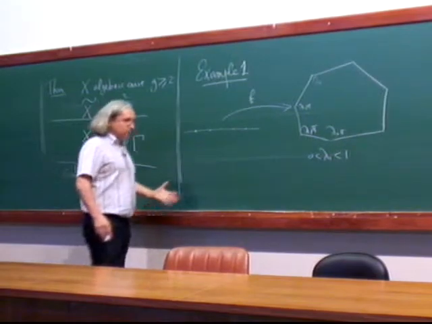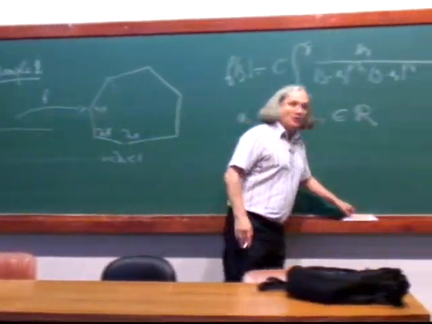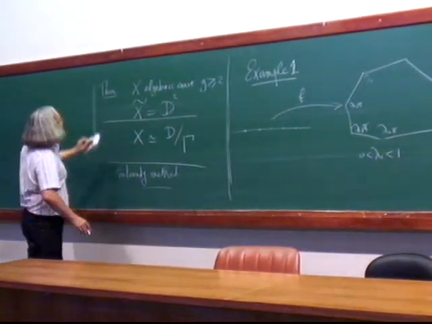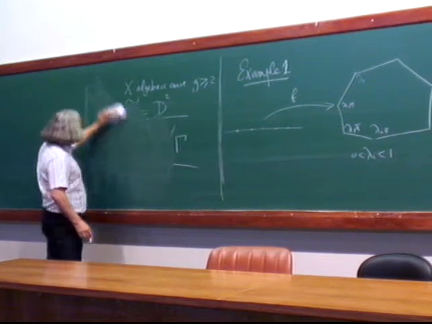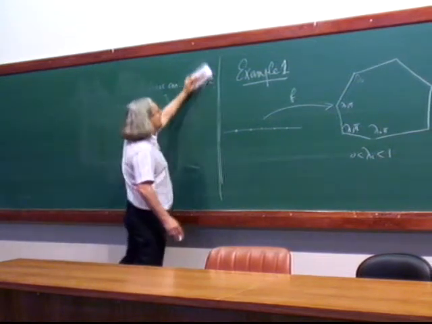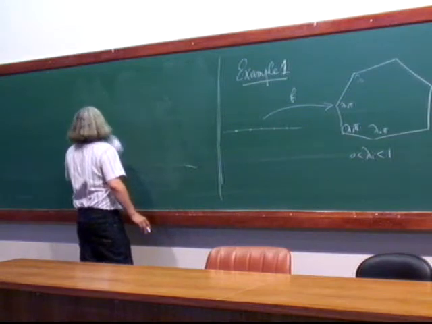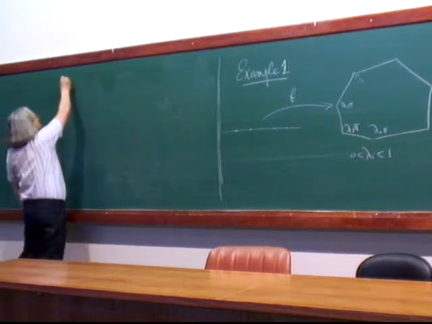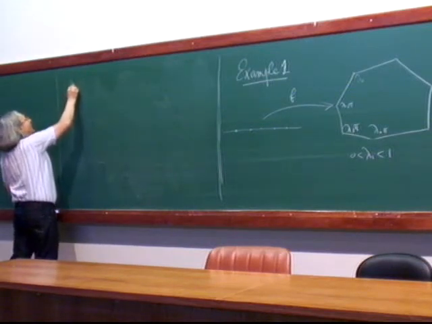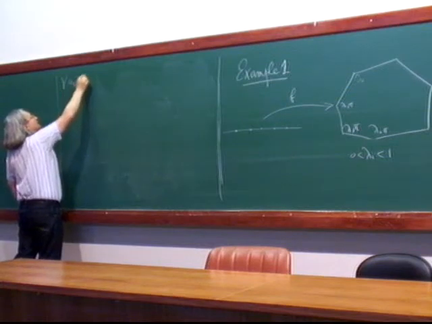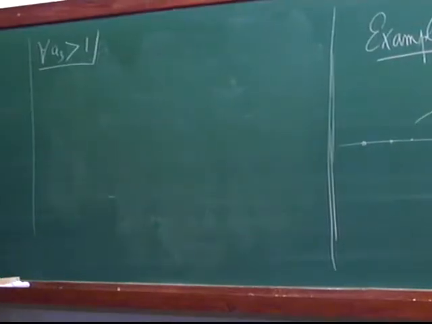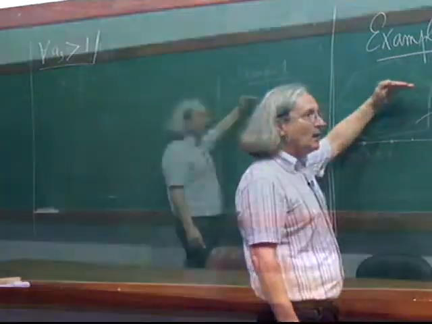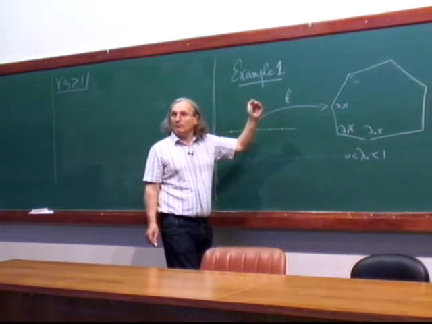So this proof that is not in Schwarz, is not in Poincaré, is not in Klein, is nevertheless very simple to explain. What is clear is that for any A3, let's say bigger than 1, this formula gives the representation of the upper half plane on some polygon.